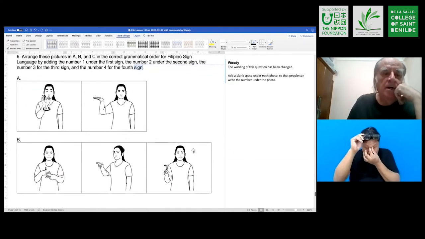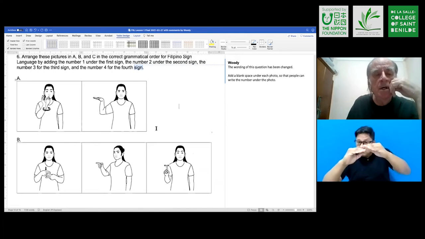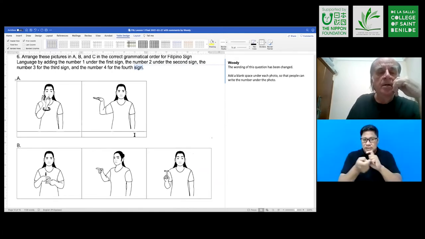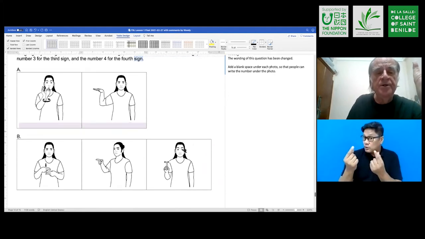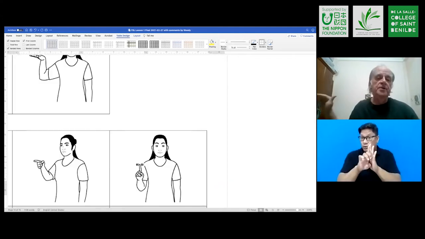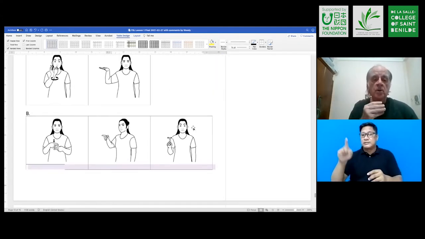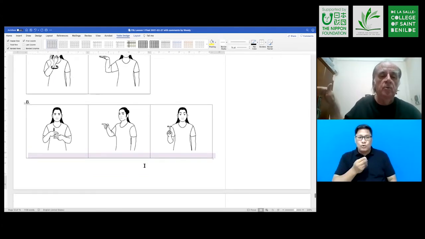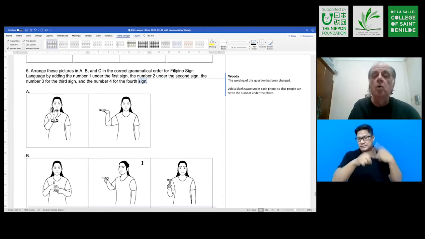Okay, so also we need to put a space here, and I've changed the question. What they want to do is, whichever sign goes first, for example "who rents," that's not the correct order. It's "rents who." So they would put the number 1 under the sign rents and the number 2 under the sign who.